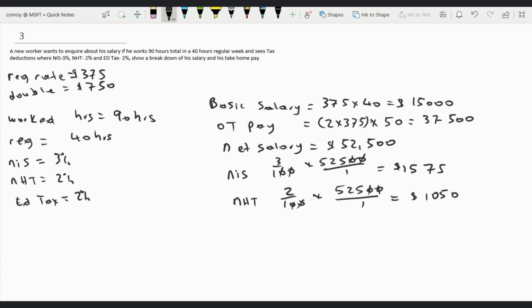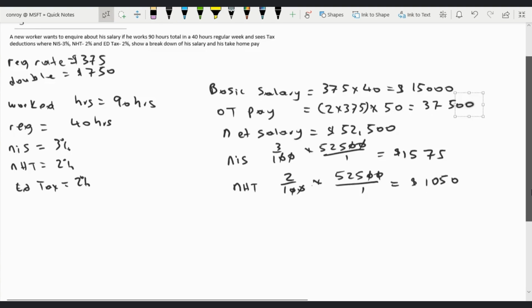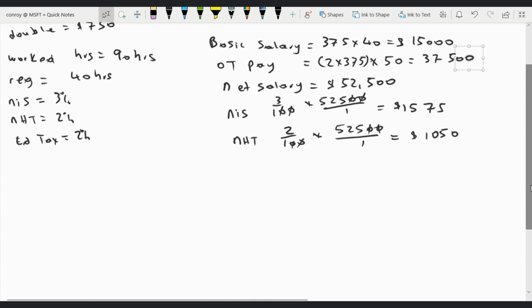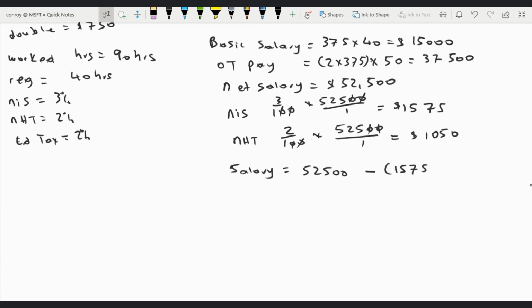Alright, so when we have our salary now, our salary should be a minus the deductions: 52,500 subtracted by our 1,575 plus 1,050.